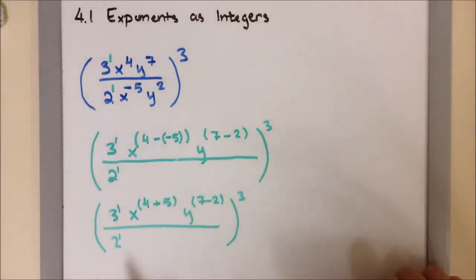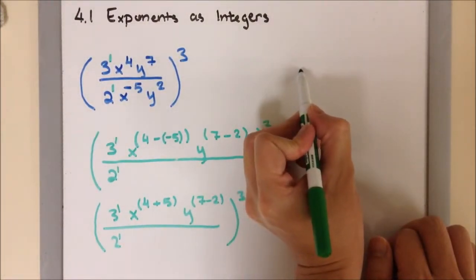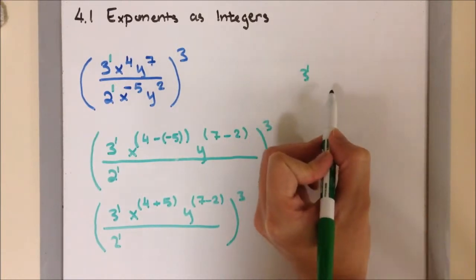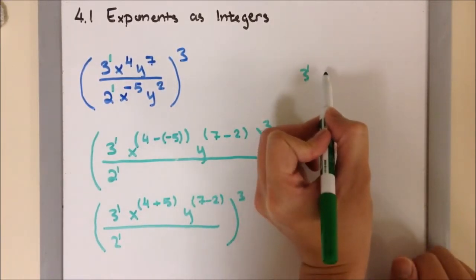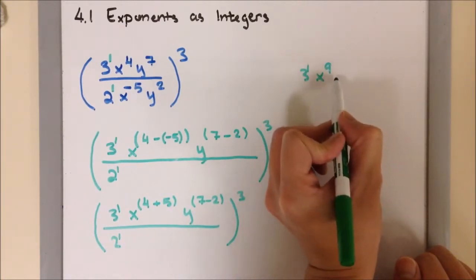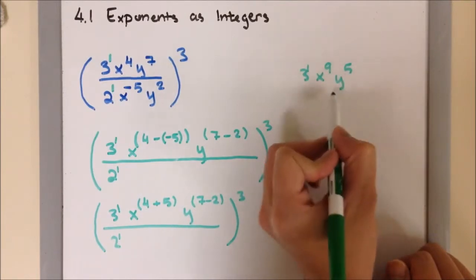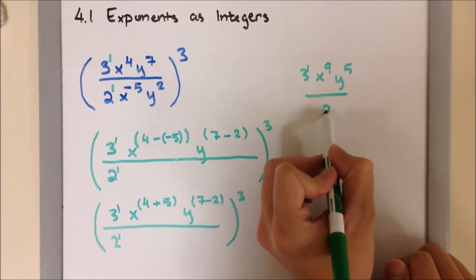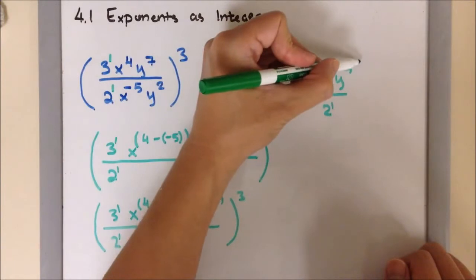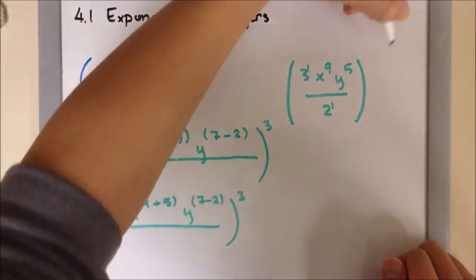Alright, so the 3 stays the same. Now x, 4 plus 5 is going to be x to the 9 power. And then y, 7 minus 2, that's going to be y to the 5th power over 2 to the 1 power. The whole thing powered by 3.